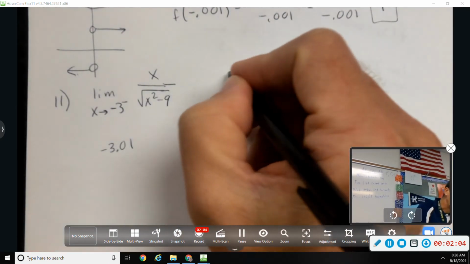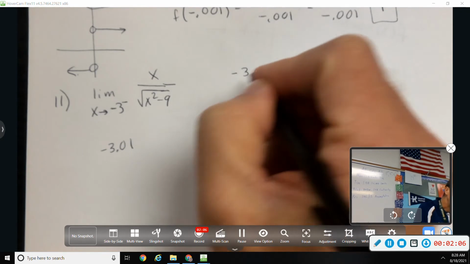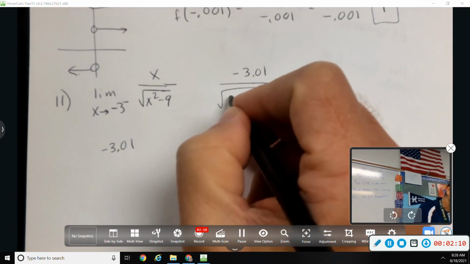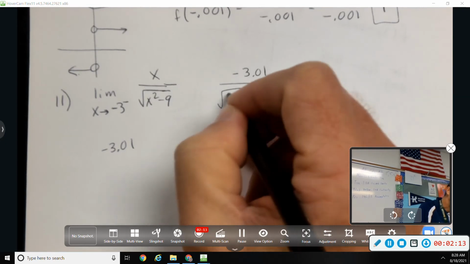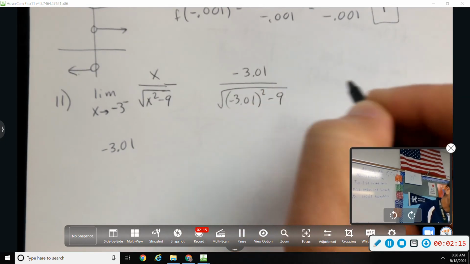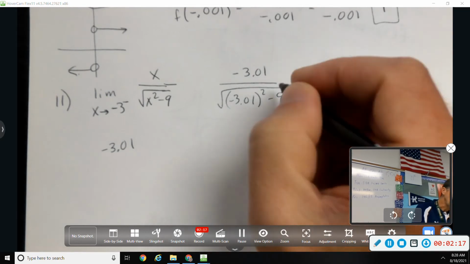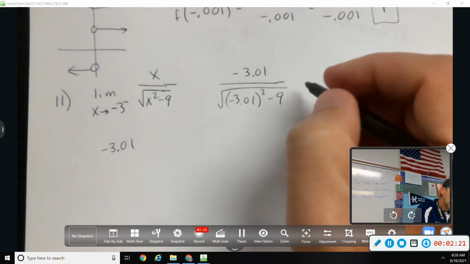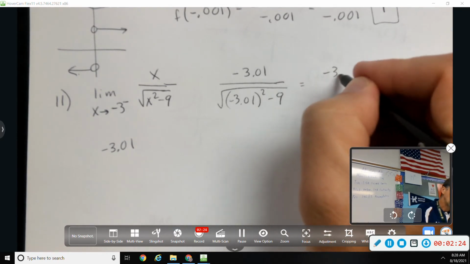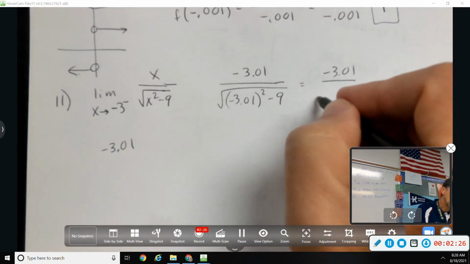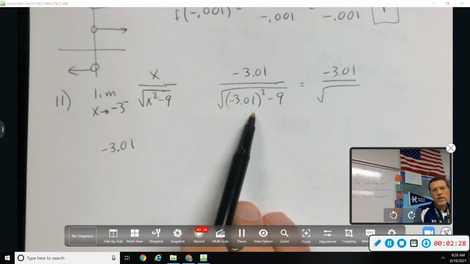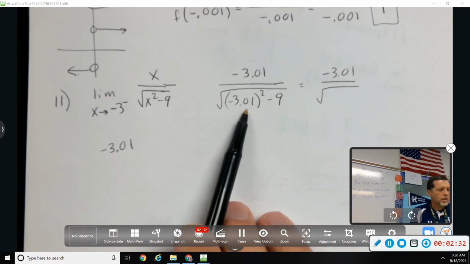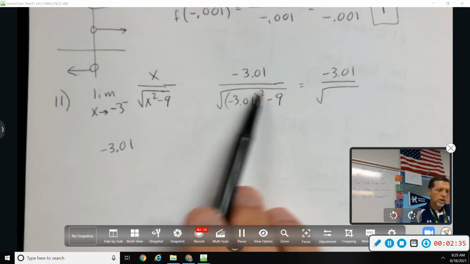So let's see if this works. So negative 3.01 over square root of negative 3.01 squared minus 9. Let's see, so that would be negative 3.01 over square root of, so if we square 3.01, we get something a little bit bigger than 9, because the square wipes out the negative.